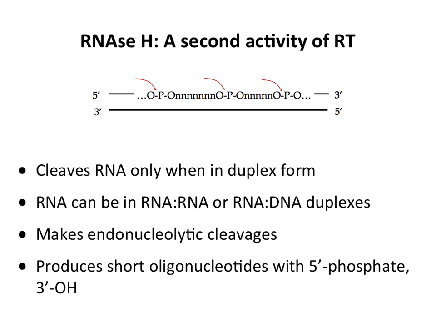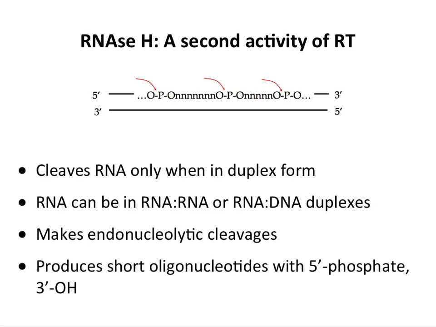So here's an example of it could be an RNA or DNA RNA. Let's say this is a DNA RNA hybrid. So this would be the viral RNA, and then this would be the first strand of DNA made by reverse transcription. The RNase H is chopping up basically the RNA. It doesn't need it anymore. It's now got a DNA copy. It does so endonucleolytically. It cuts 5' of each phosphate.